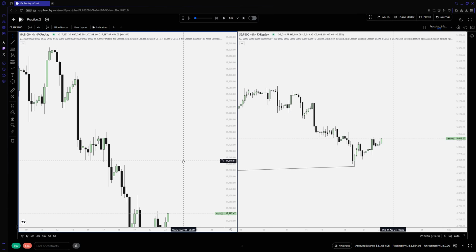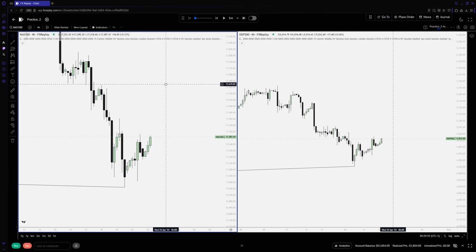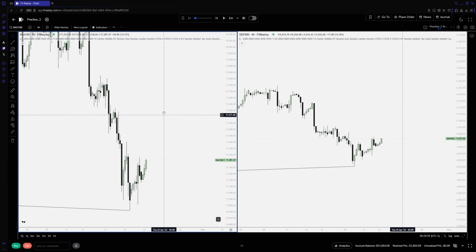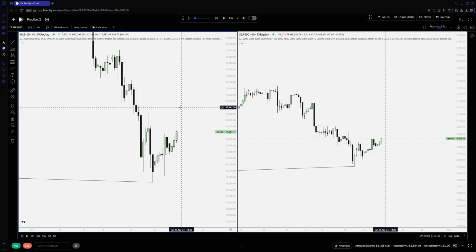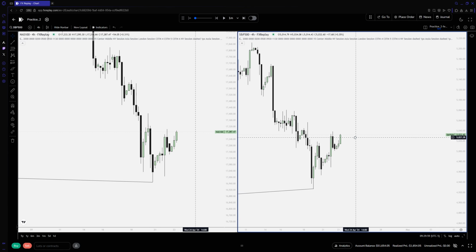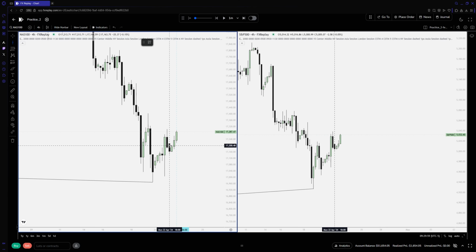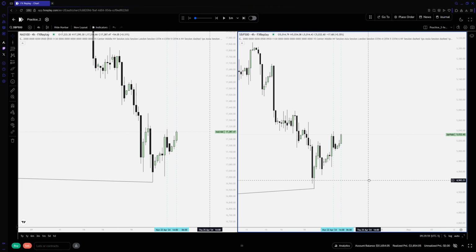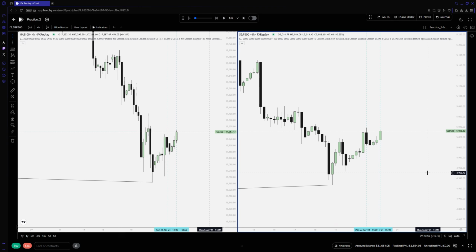Could be a retracement. Could be an area that is going to set up a reversal. But right now it looks like a retracement. But regardless, this day is already going up. So let's just see if we can, you know, get something from this.